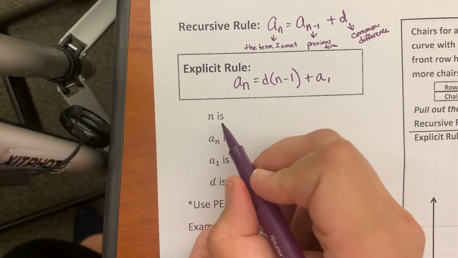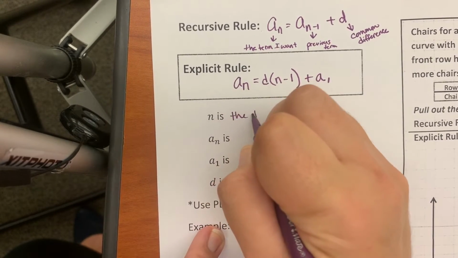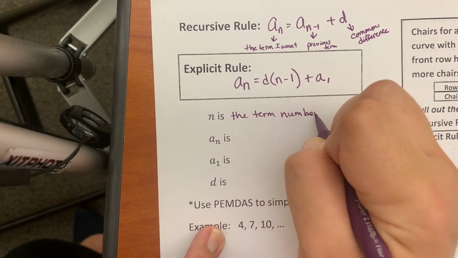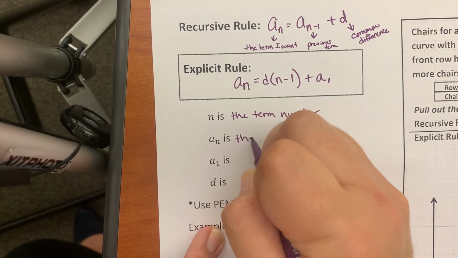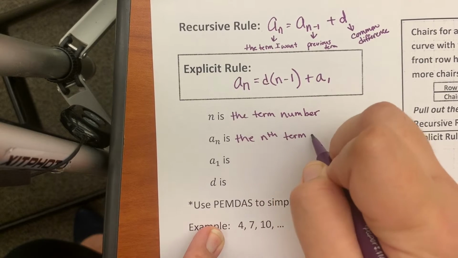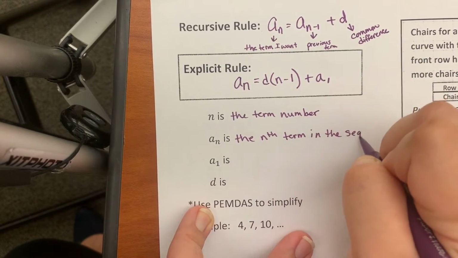n is always going to stand for the term number. A sub n would be the nth term in the sequence.